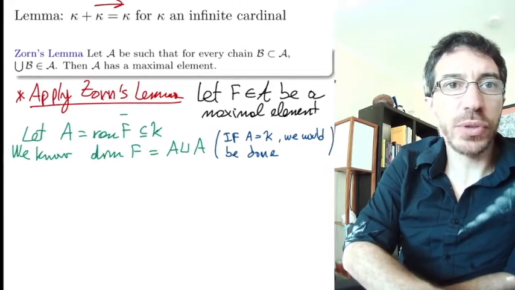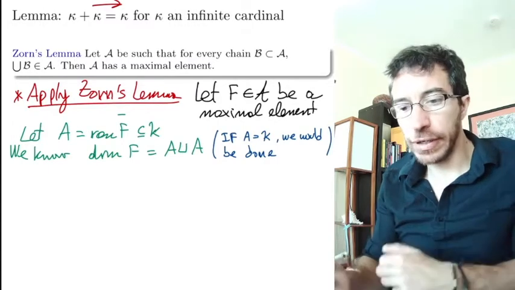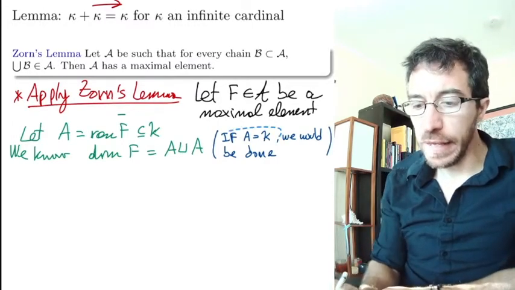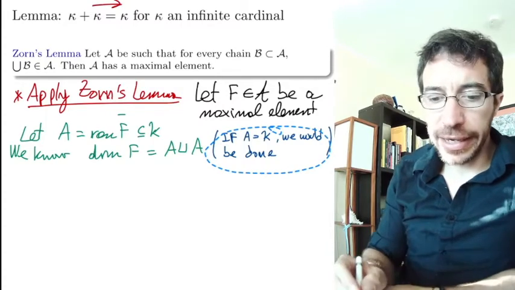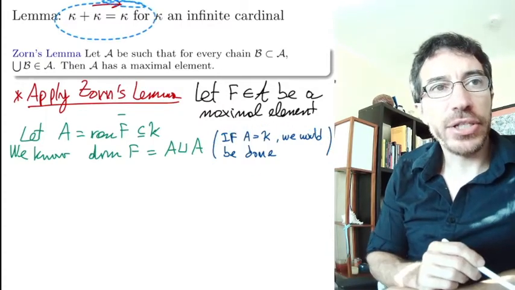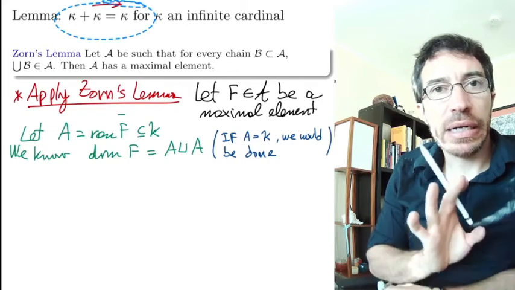If we knew that A was the whole of kappa, then we would be done. Because in that case, we'll have our bijection between kappa union kappa and kappa as we want to prove the lemma, okay?